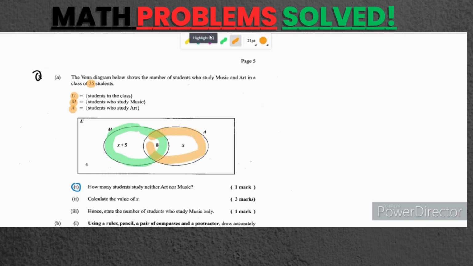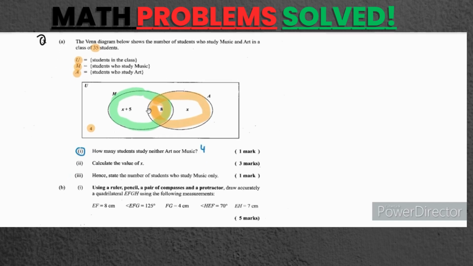And this portion shows the students who study both music and art. And outside of these two circles and inside of the rectangle, they mentioned there are four students who study neither art nor music. So this 4 represents the number of students who study neither art nor music. It's simply given to us in the diagram, so we write 4 there.